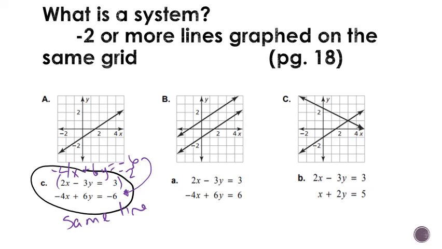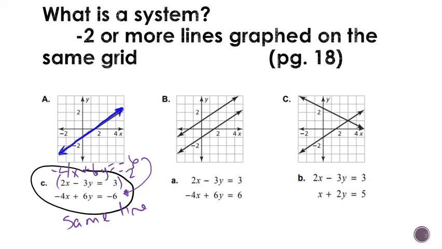So through playing with it a little bit, I figured out that it's the same line. So what that means is I have one line graphed, and then I have another one right on top of it. But the way this picture looks, it looks like it's only one black line, but it's actually 2.